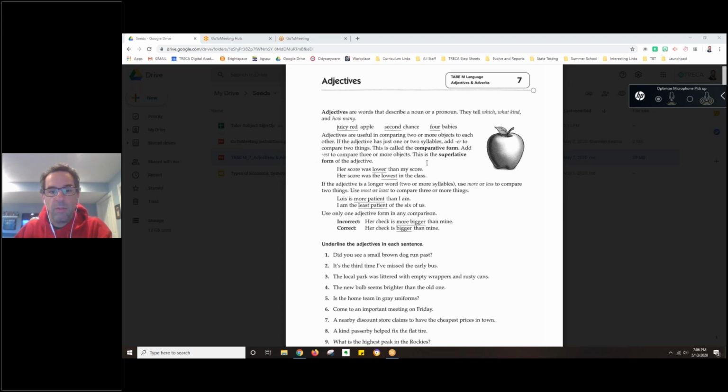If you have 3 or more objects, you add EST, and that is the superlative form. So I always think of it as like super meaning the best. It doesn't necessarily have to be the best of something, but the easy way for me to remember it is the super, whether it's good or bad. The superlative is going to be the best or worst or something like that. And you'll see some of the examples when we go through it.